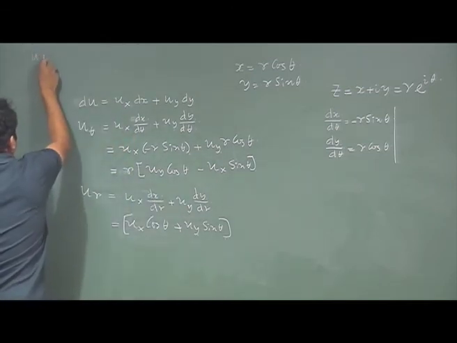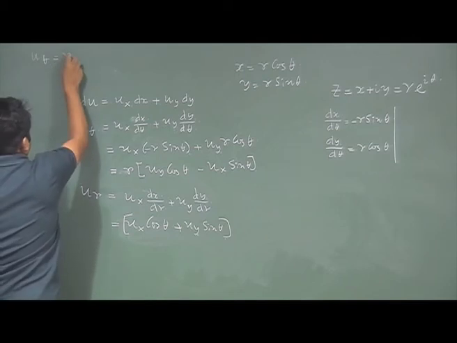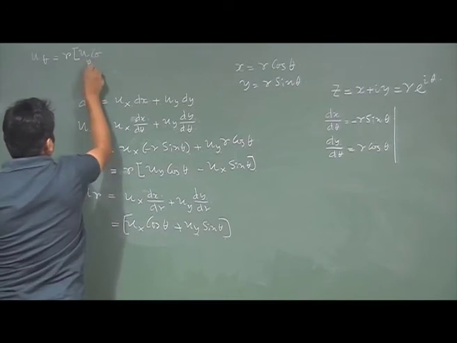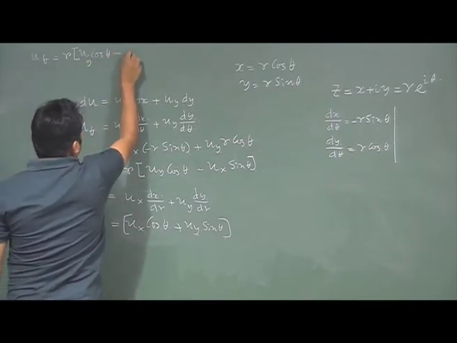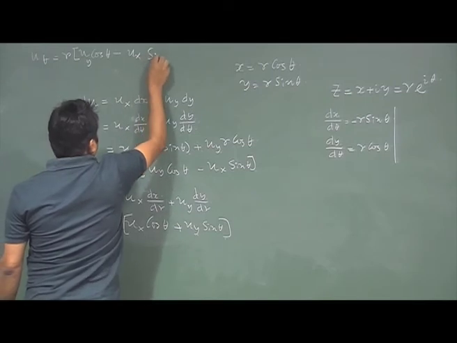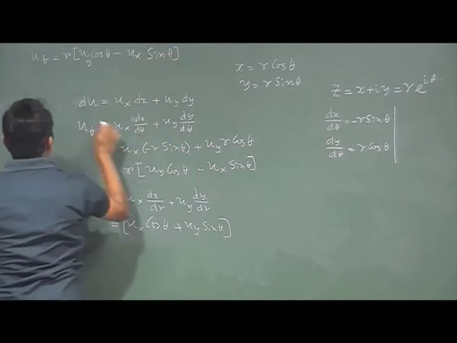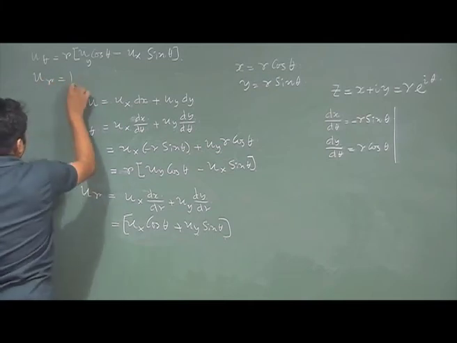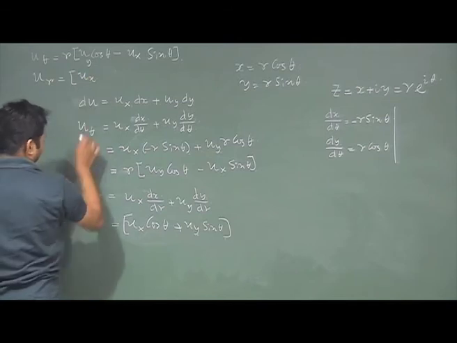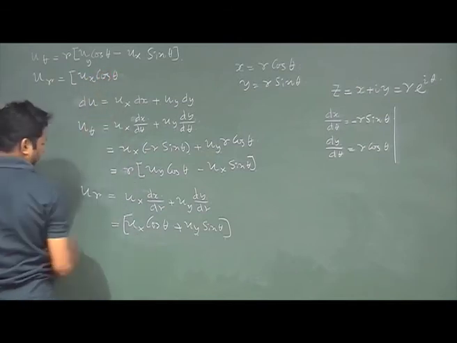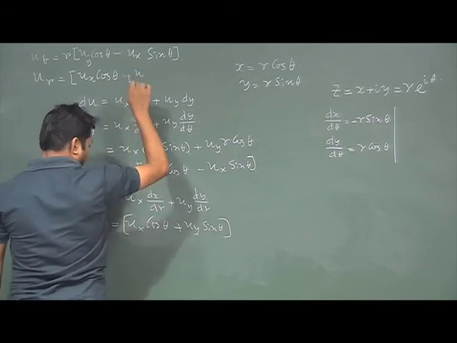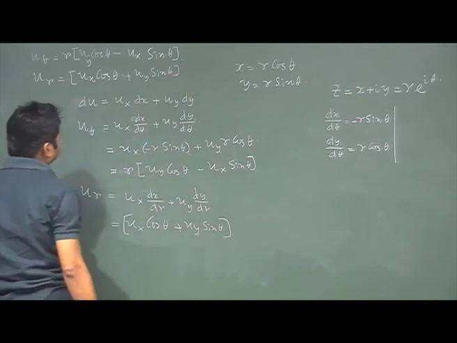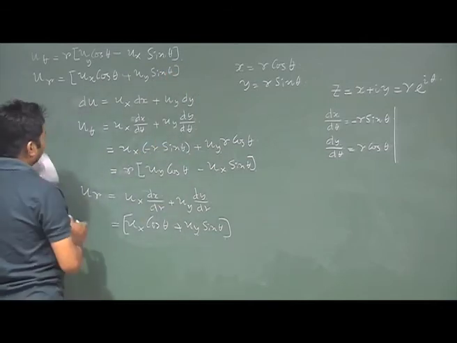So, u theta is r times uy cos theta minus ux sin theta, and ur is ux cos theta plus uy sin theta.